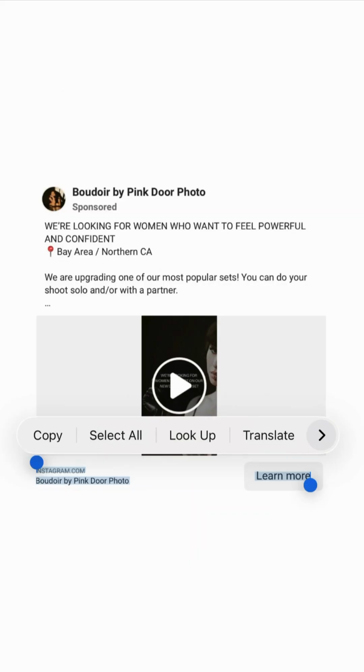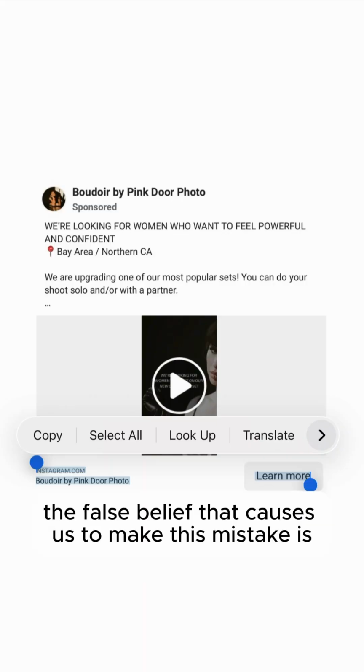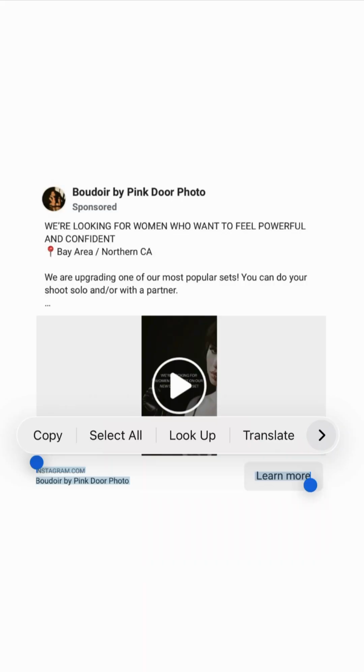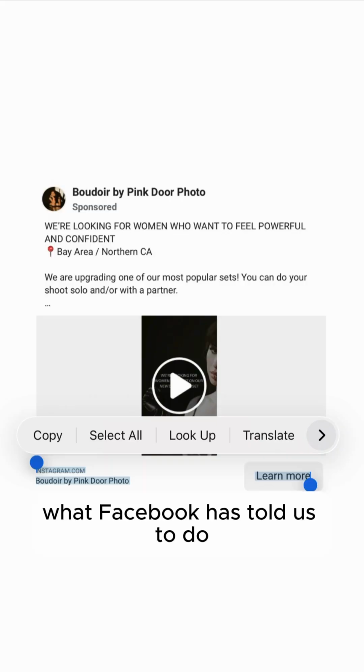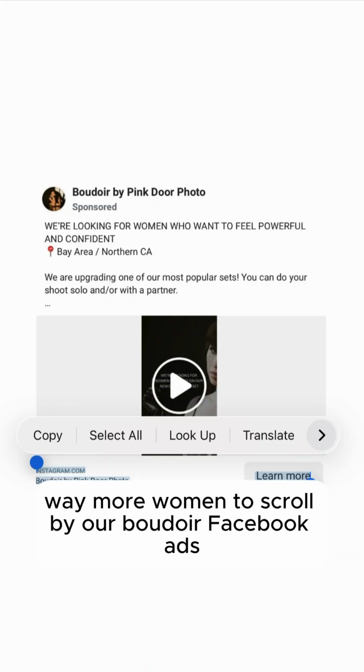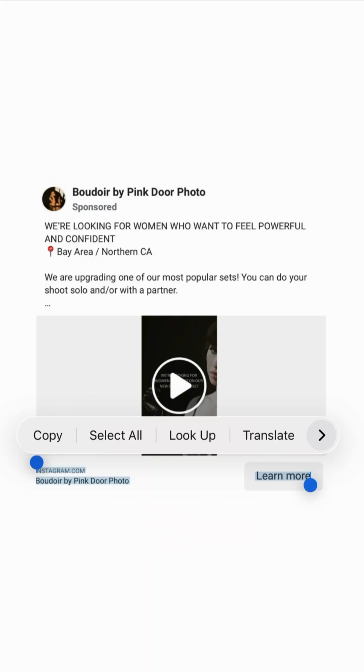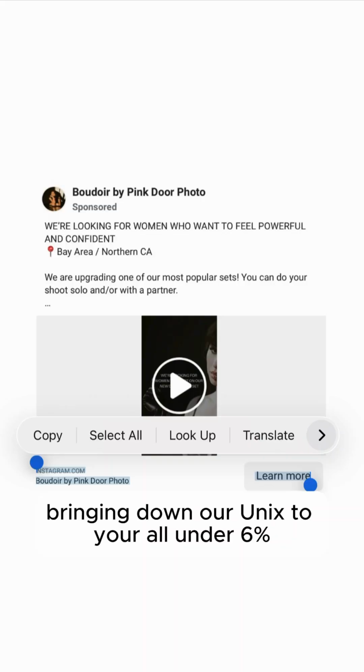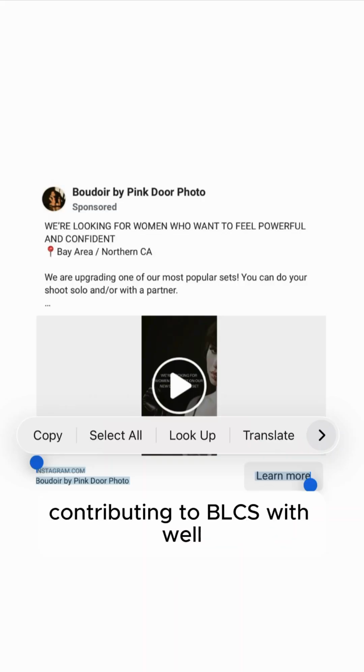The false belief that caused us to make this mistake is that we're actually following what Facebook has told us to do. And following what Facebook has told us to do is literally the number one worst thing for us to do, because it causes way, way, way more women to scroll by our Boudoir Facebook ads than necessary, bringing our unique CTR under 6%, contributing to BLCS, Boudoir low click syndrome.